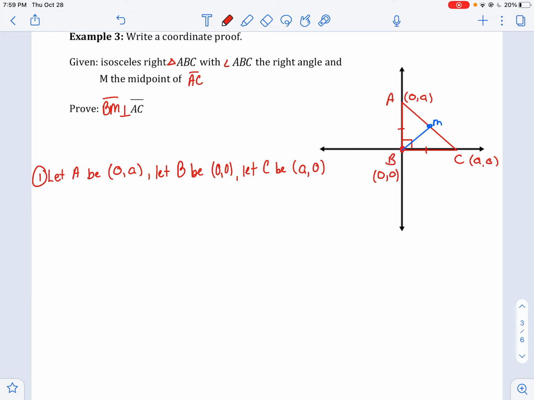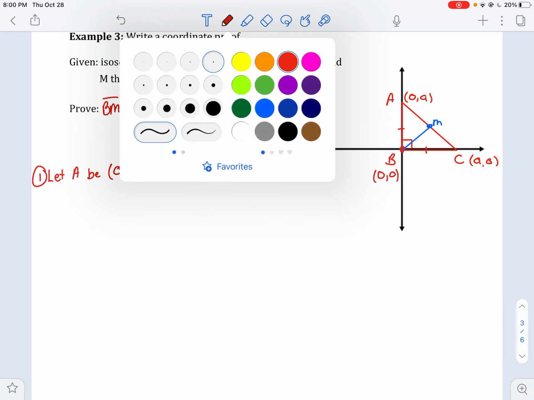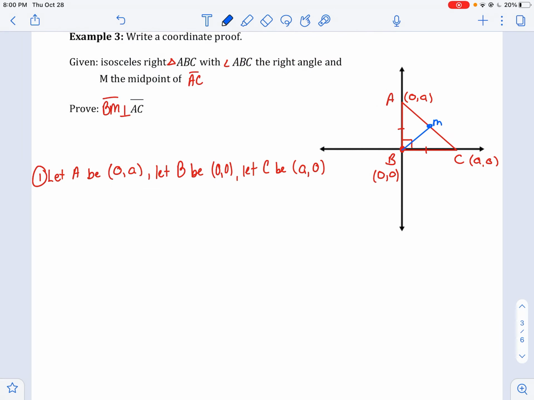Now, it says I want to prove that BM is perpendicular to AC. So I need to understand a few things about perpendicular. First of all, I need to know what M is. That's going to be important later. But what does it mean to be perpendicular?